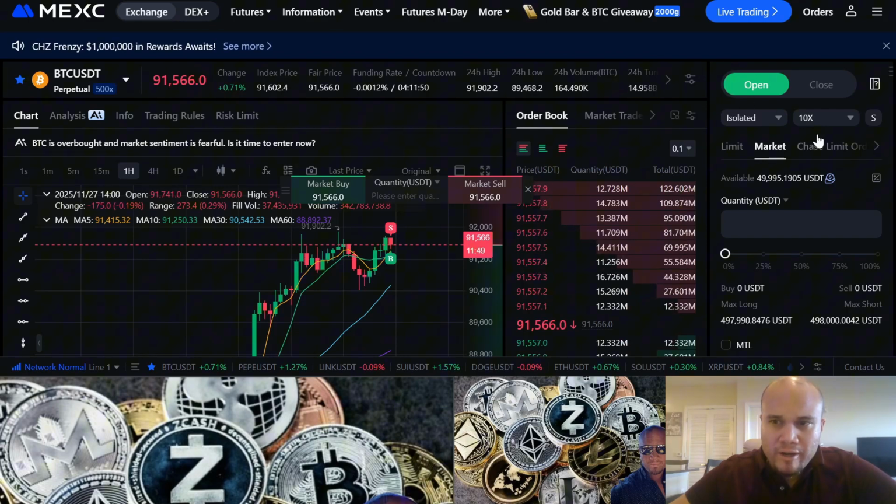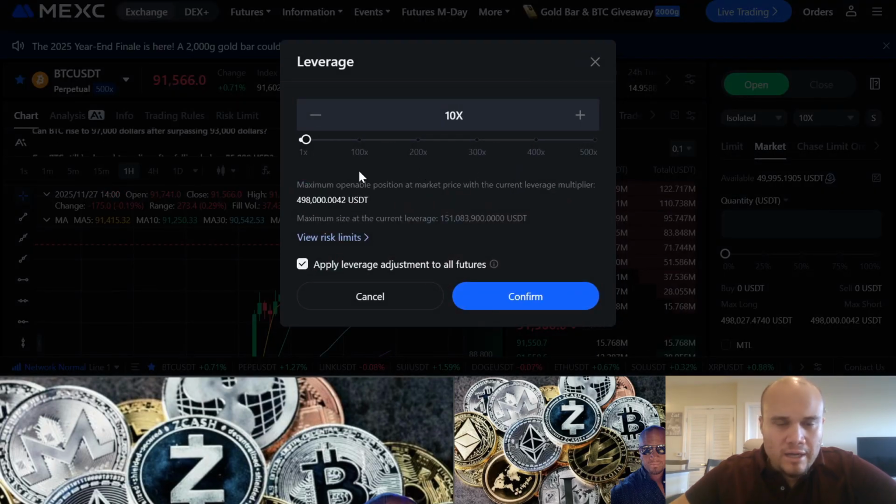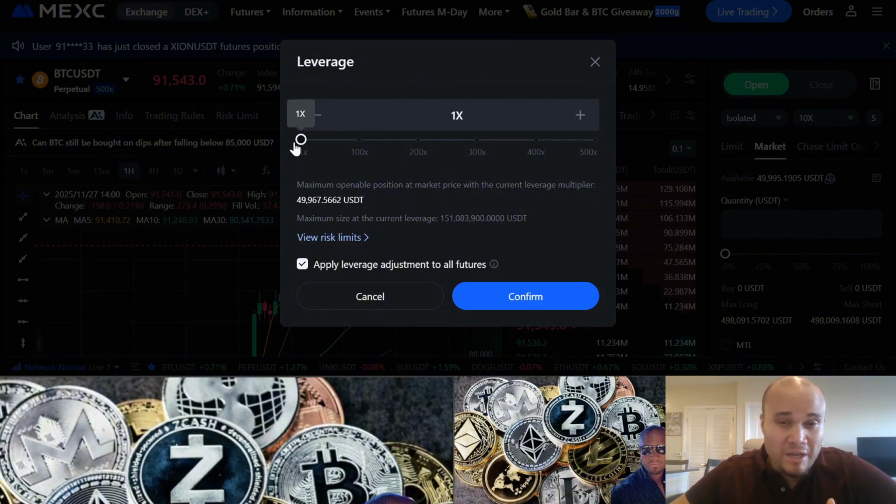Starting off on the right, you have to figure out what kind of leverage you want to use. With MEXC, there's all kinds of leverage that you can use. You can stick to just 1x leverage, which I'm not sure why you would do, because you would just do regular spot trading in that case. But you could do 2x, 5x, 10x leverage. You can even do crazy amounts like 100x leverage, which I wouldn't recommend to beginners or new investors, because it doesn't take much for the spot price to move before you get stopped out of your trade.